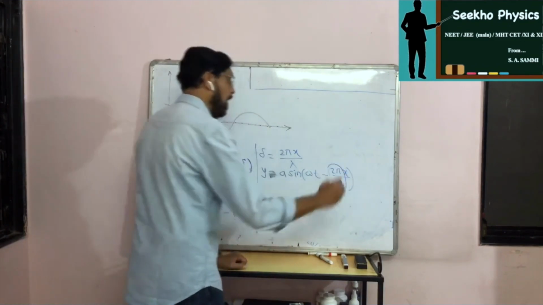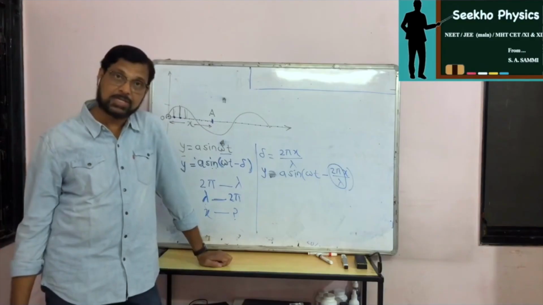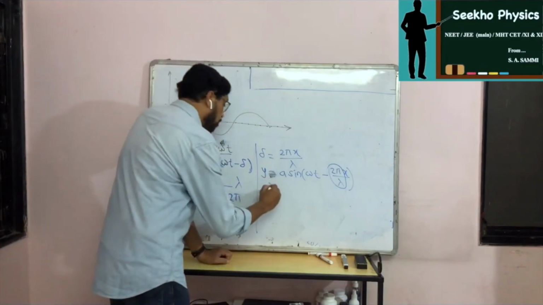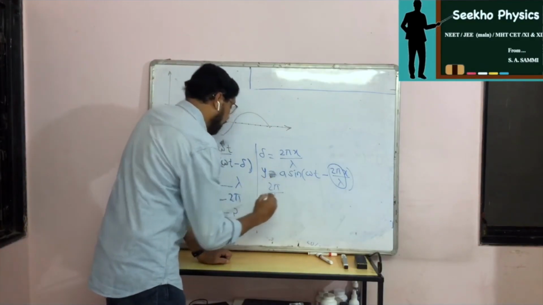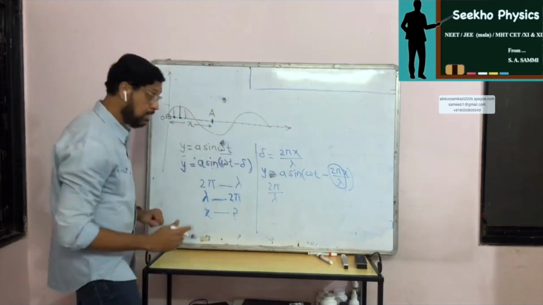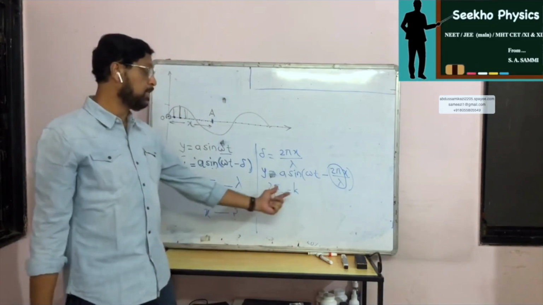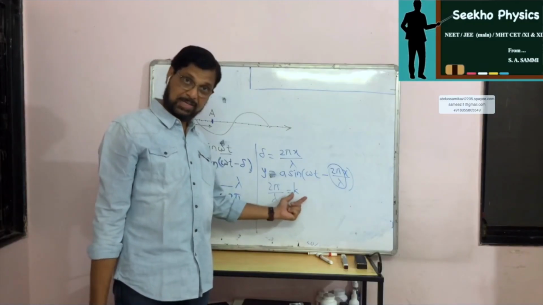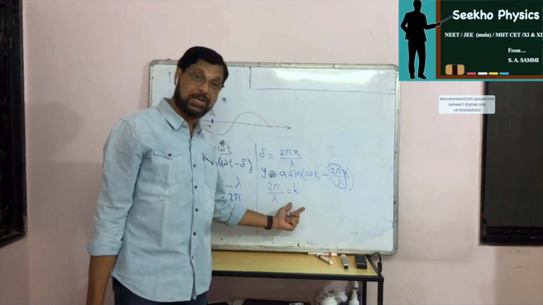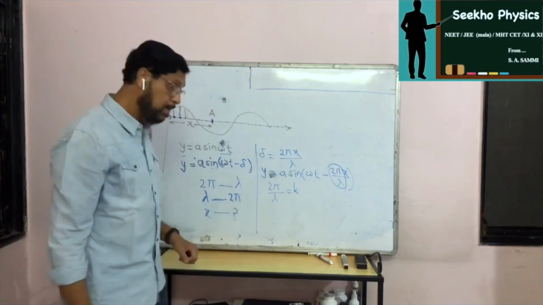This 2 pi by lambda is a constant, कारण वेवलेंथ सगळीकडे सारखीच आहे. We call it K, propagation constant. This K is propagation constant, which is 2 pi by lambda.